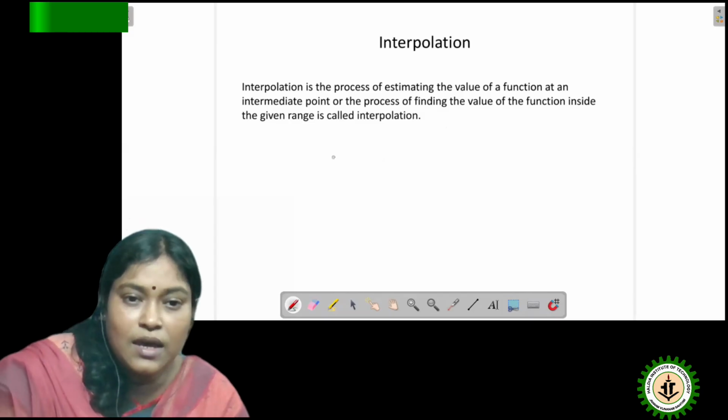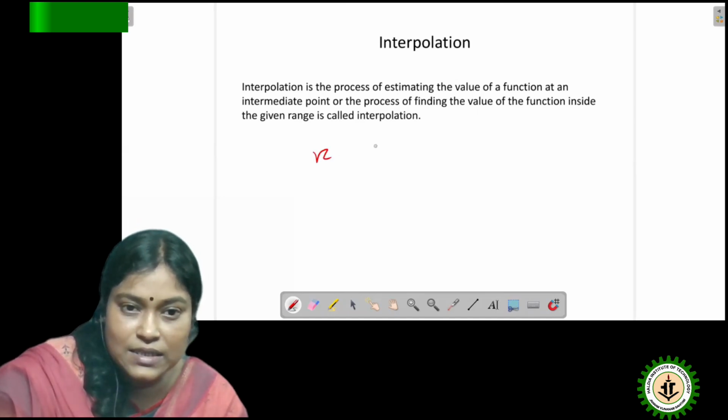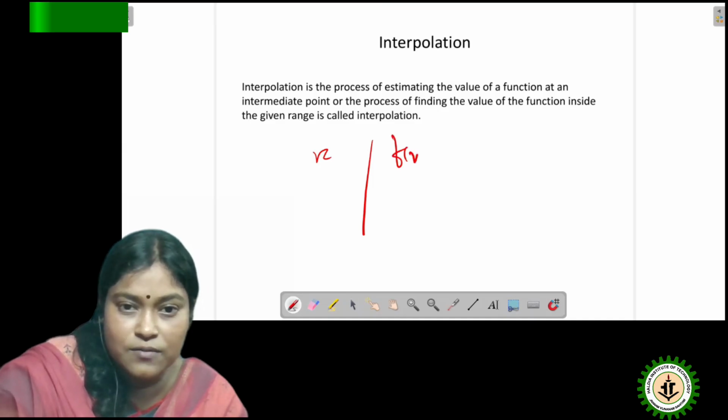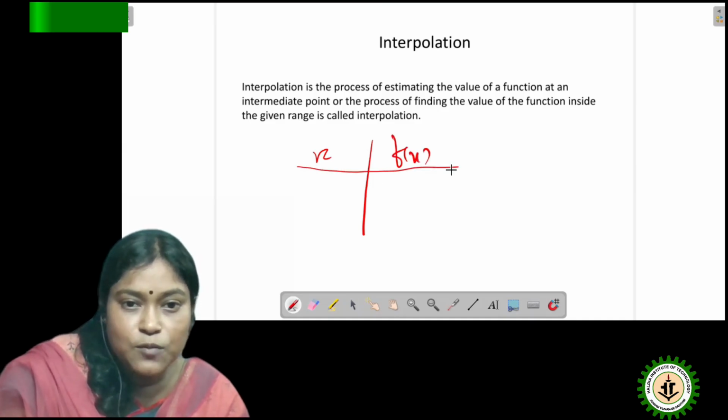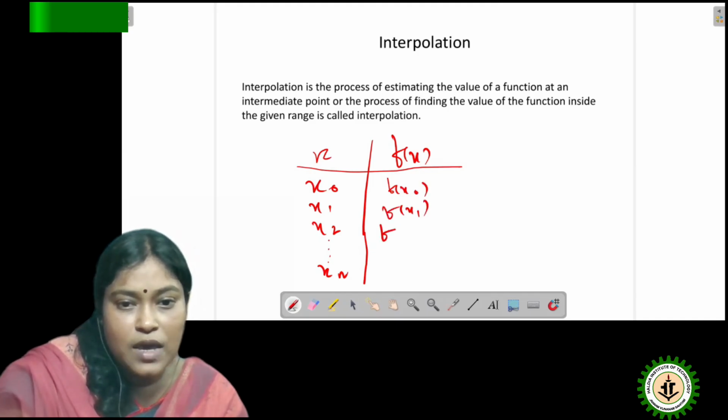What this means is that suppose we have some data set, some values for x and corresponding f(x), say x0, x1, x2, in this way up to xn, and corresponding values of f(x) are f(x0), f(x1), f(x2), in this way up to f(xn).